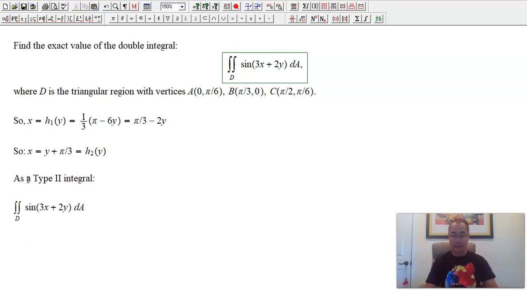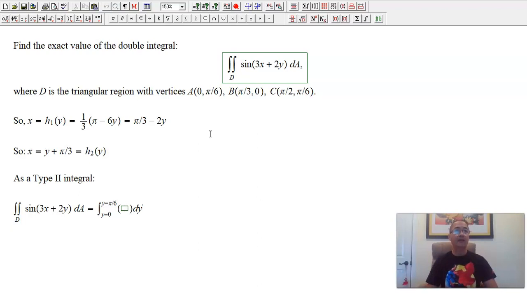In type 2, the y values are on the outside. Remember the triangle: the lowest value is at y equals 0, the highest value is at pi over 6. So y will go from 0 to pi over 6, and dy is on the outside.